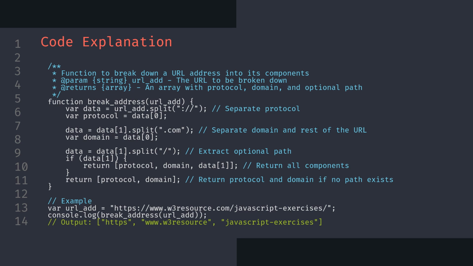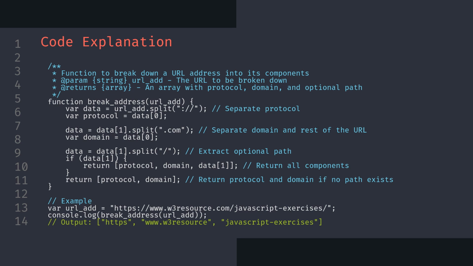Finally, any remaining part after .com is checked for a path, split by /. If no path exists after .com, the function returns just the protocol and domain as an array. Otherwise, it includes a path as the result.